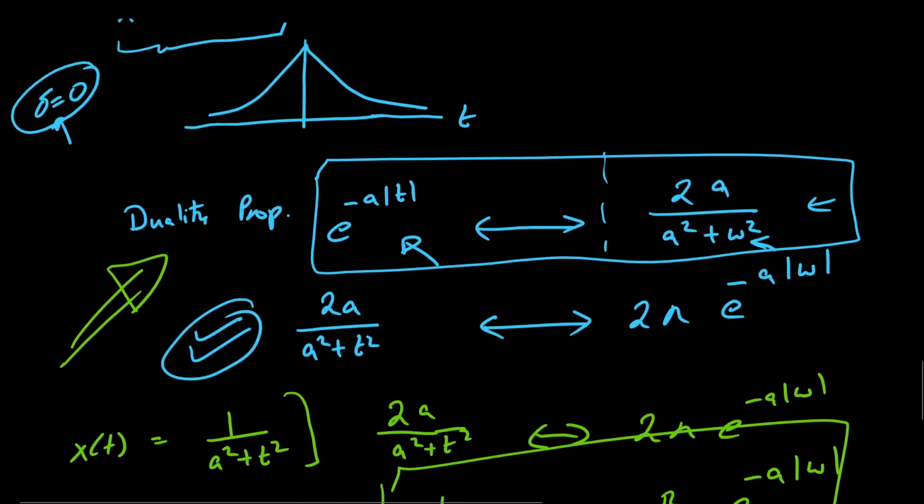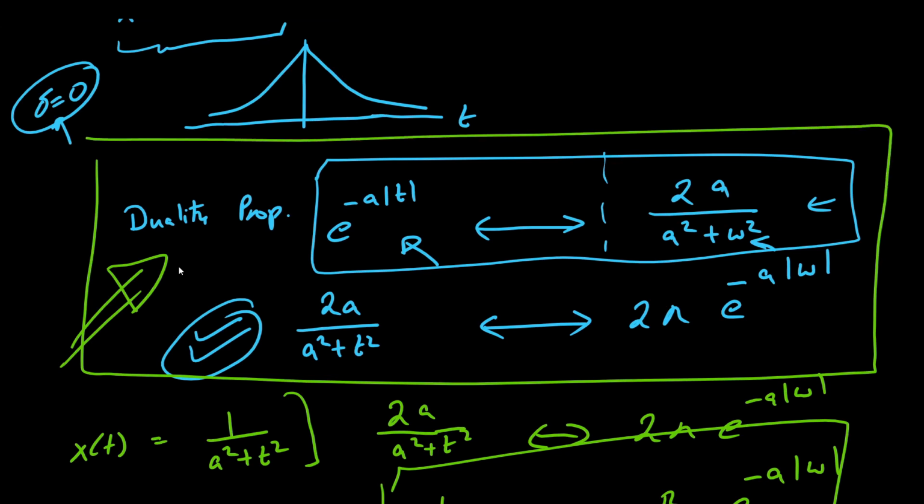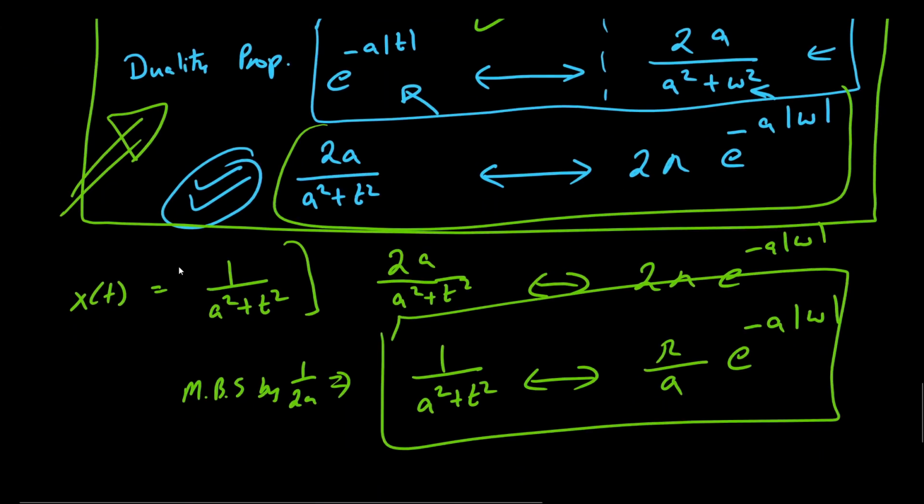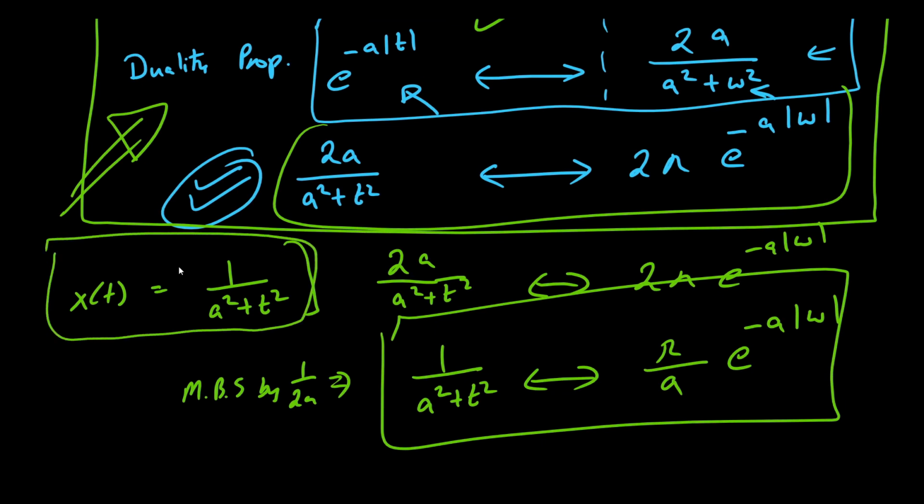So the trick in this question is simply that you can write all the four equations of a standard pair. This is our standard pair, and this is from the duality property. And once we are here, the transforms of similar signals are easy to find.